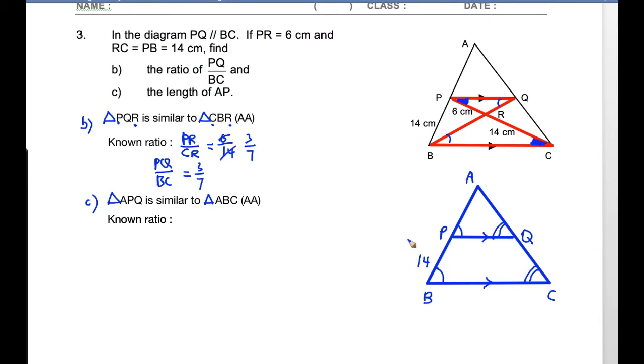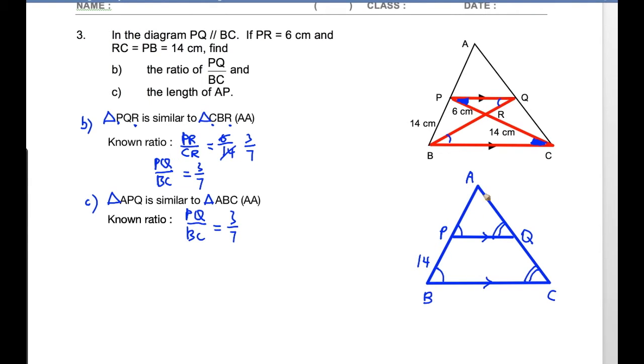To find the known ratio, we also notice that PQ and BC are the same lengths belonging to the first set of triangles. Therefore, the known ratio is the same as the first part. PQ over BC is 3 over 7.